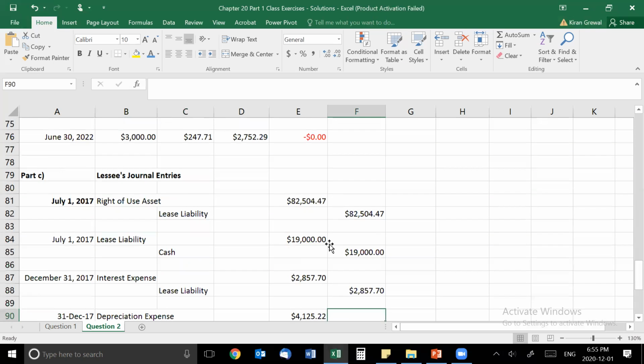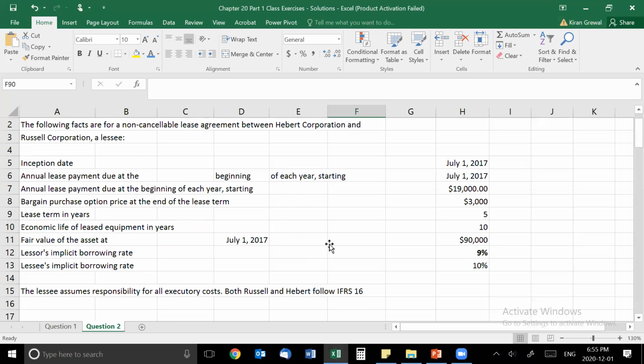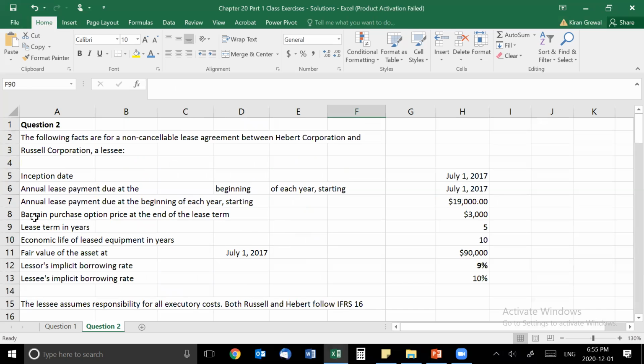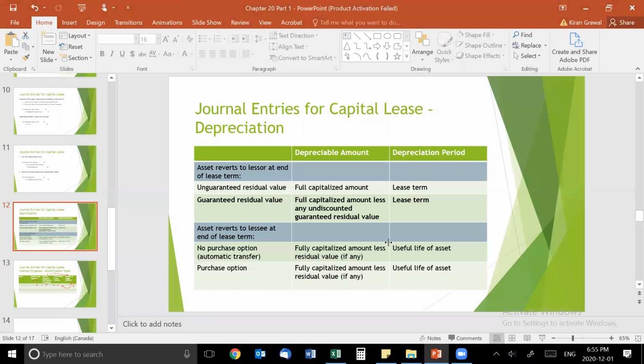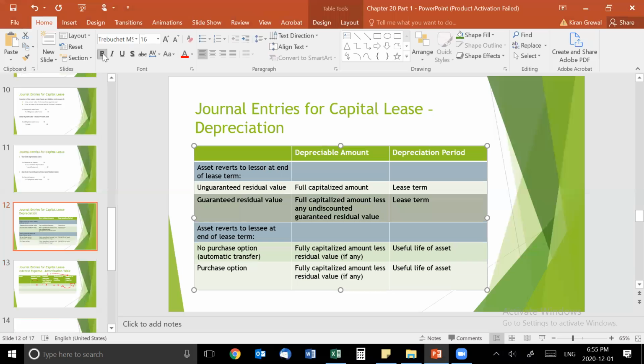Depreciation expense, when we're figuring out how to record that, we have a bargain purchase option at the end of the lease term, which means that we're probably going to purchase the asset at the end if we're going to get the asset for significantly lower than fair value. So if we purchase the asset at the end, let me go back to our chart here.